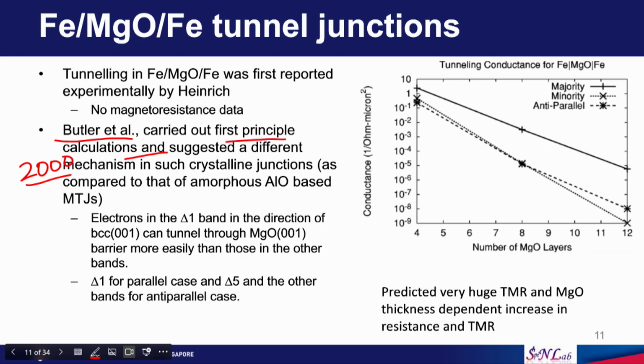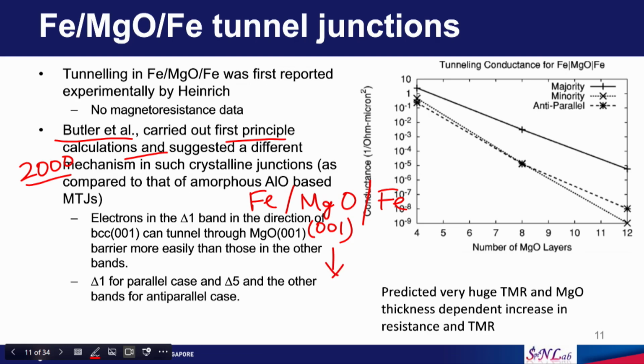He proposed that if, instead of using aluminum oxide, you make a magnetic tunnel junction based on something like iron, magnesium oxide, iron in a particular crystal structure like 001, you can achieve very large TMR.